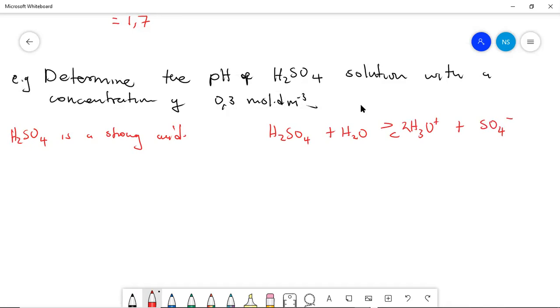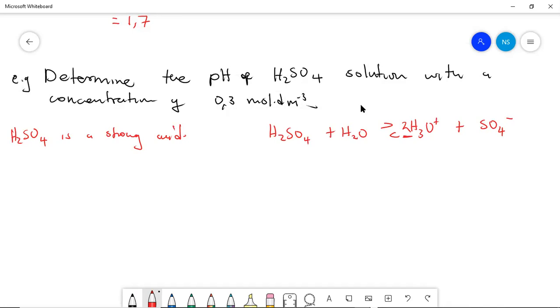So from this equation, we can see that this ionizes almost completely to form a high concentration of hydronium ions. And we need to know that because sulfuric acid is diprotic, it gives off 2 hydronium ions, right? Every diprotic substance will give 2 hydronium ions.